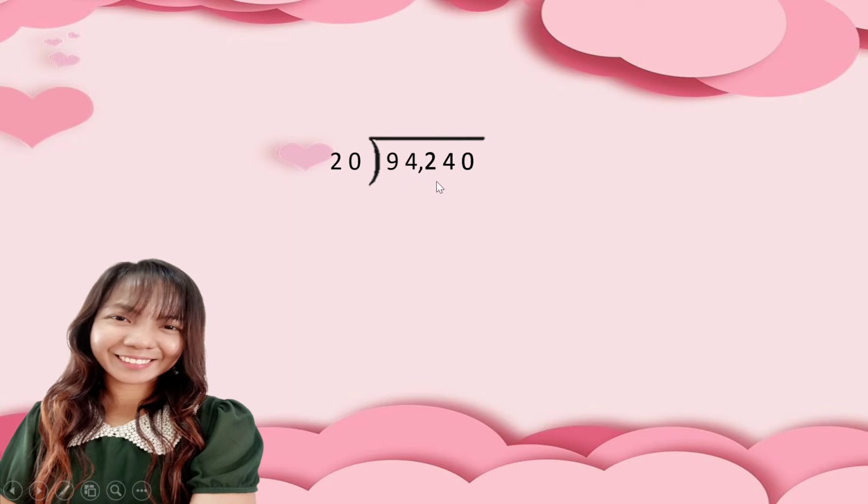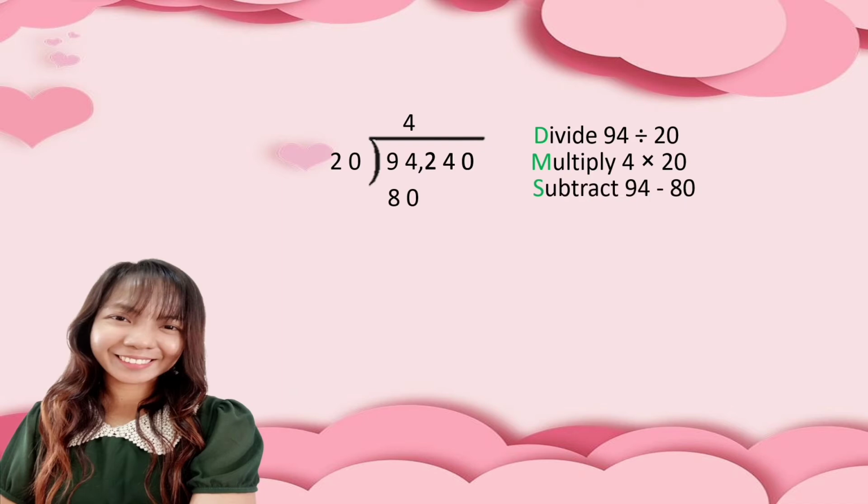So 94 divided by 20. The answer is 4. Next, multiply 4 times 20. The answer is 80. Subtract 94 minus 80. 4 minus 0, 4. 9 minus 8, 1. And then bring down 2. 142.